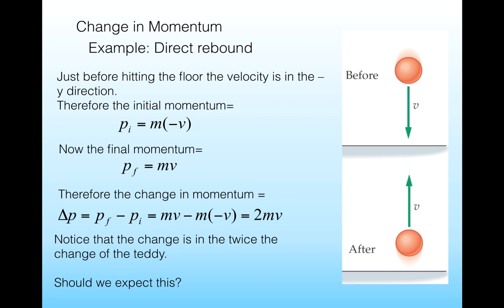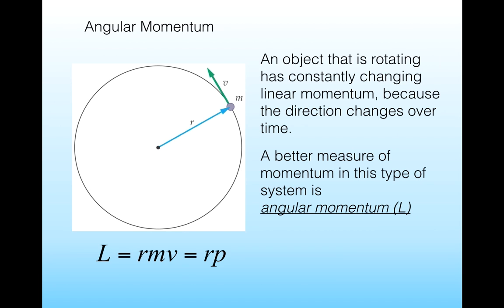So again, we have to think about the direction of the momentum in order to use change in momentum. If we had an object that was moving at an angle, you would do the change in momentum in both the x and the y directions separately, and then combine them in order to find the total momentum of the object afterwards.